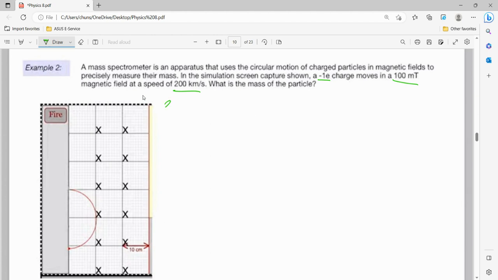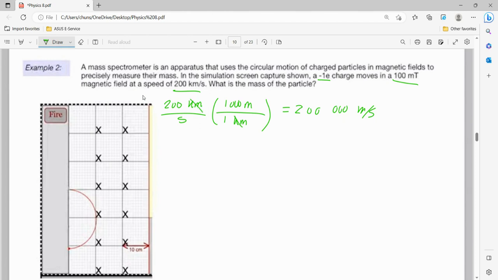Let's convert this. In a kilometer, we have 1,000 meters. So it's 200 times 1,000. It's 200,000 meters per second.